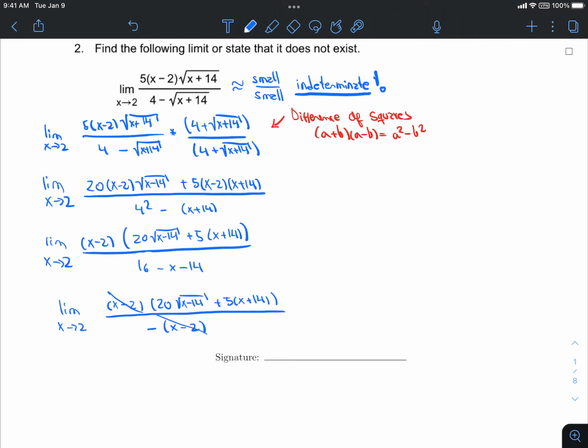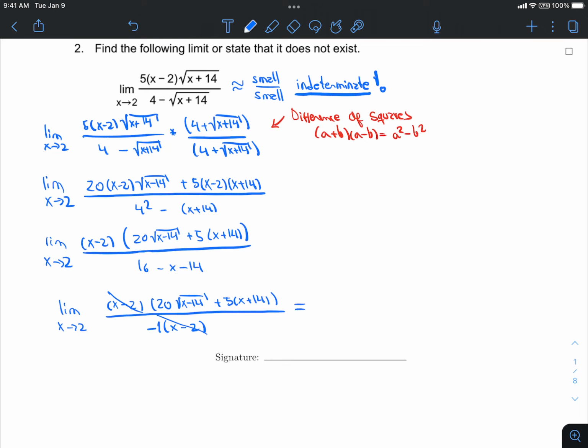And now I'm able to plug in 2, because the only reason why this was an issue before was because I had a 0 at the denominator of my function, and I no longer have that because I've canceled this out. Note that there's a minus 1, right? That's always in front of something multiplying it. Always a 1, right? But because of this negative sign that I pulled out from the minus x, there's a minus 1 instead of a 1.